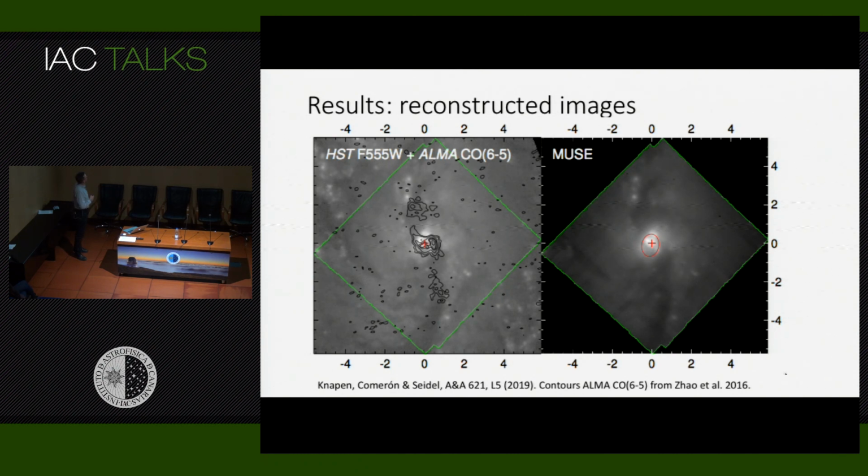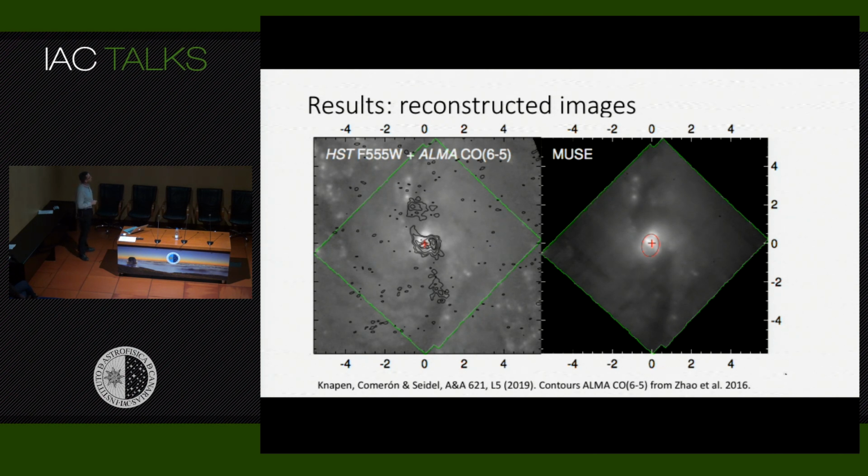If you look at little blobs like the ones up here, and these on the lower right, you can recognize them very well on the HST image. So you see that the resolution that we get with MUSE adaptive optics really is very good, and we think it's around 0.15 arcsecond, which is about 400 or 450 parsec in our case.